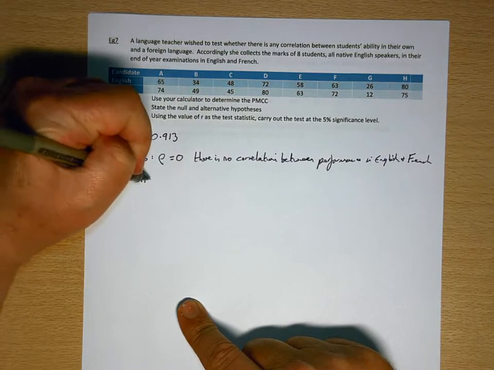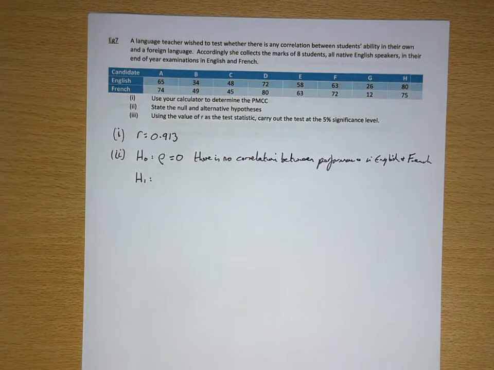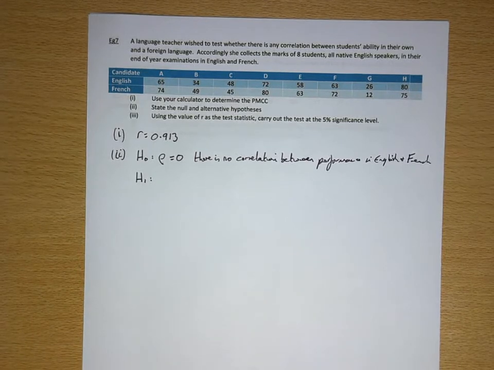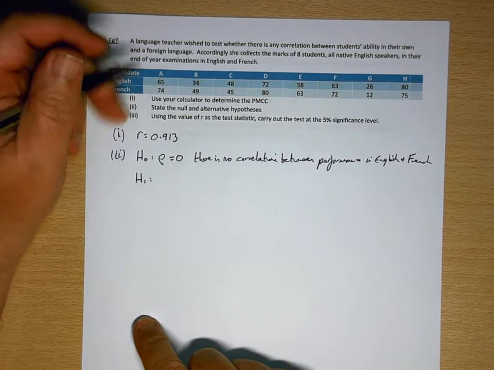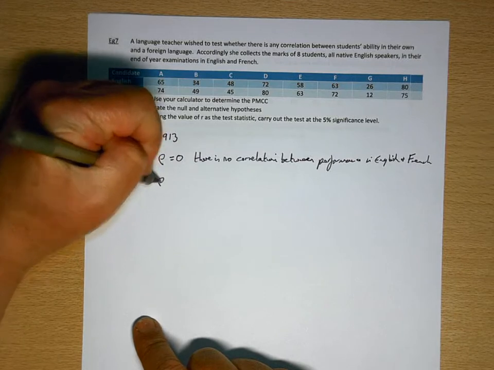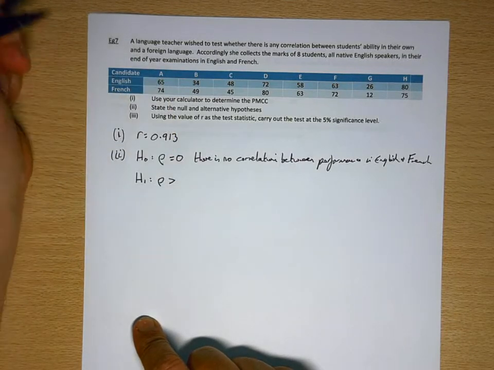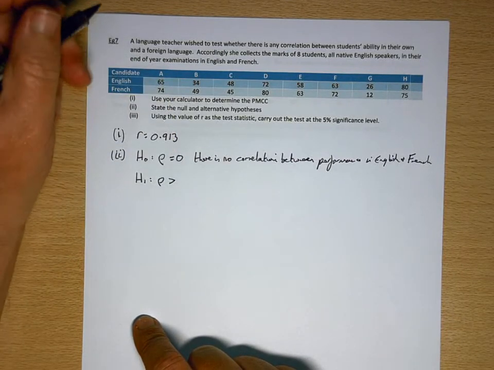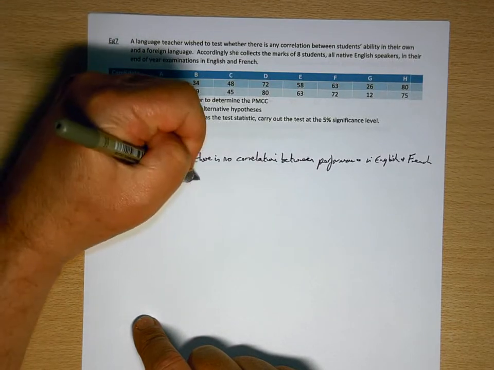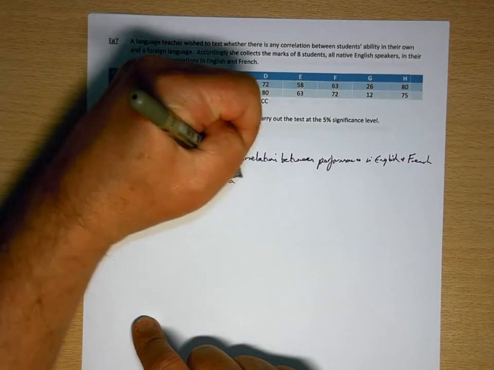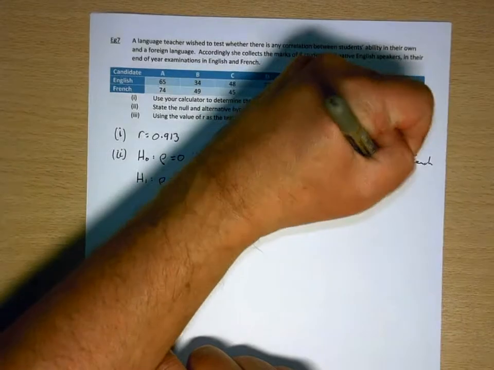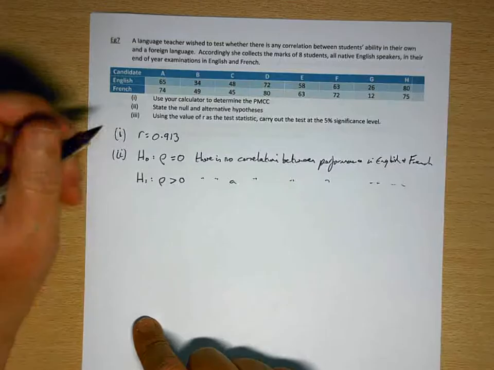And then the alternative hypothesis is that there will be a relationship, and it'll be a positive relationship. So the correlation between the parent population will be greater than 0. There is a correlation between, etc., etc.